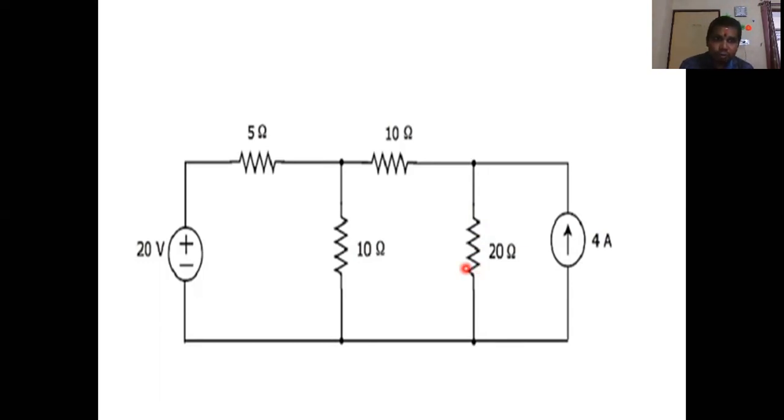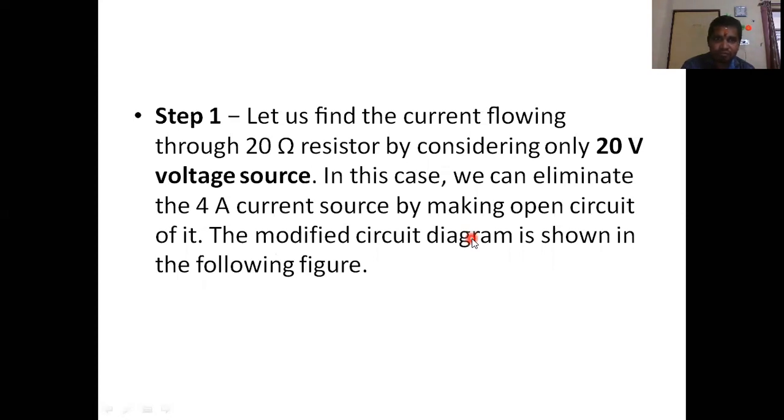We have two sources, one voltage source and one current source. So I am going to determine the current flow in this 20 ohm resistance due to the presence of this 20 volt source. That means I am going to consider first my voltage source and determine the current in this 20 ohm resistance, right? So the first step is to find the current in the 20 ohm resistance by considering 20 volts only.